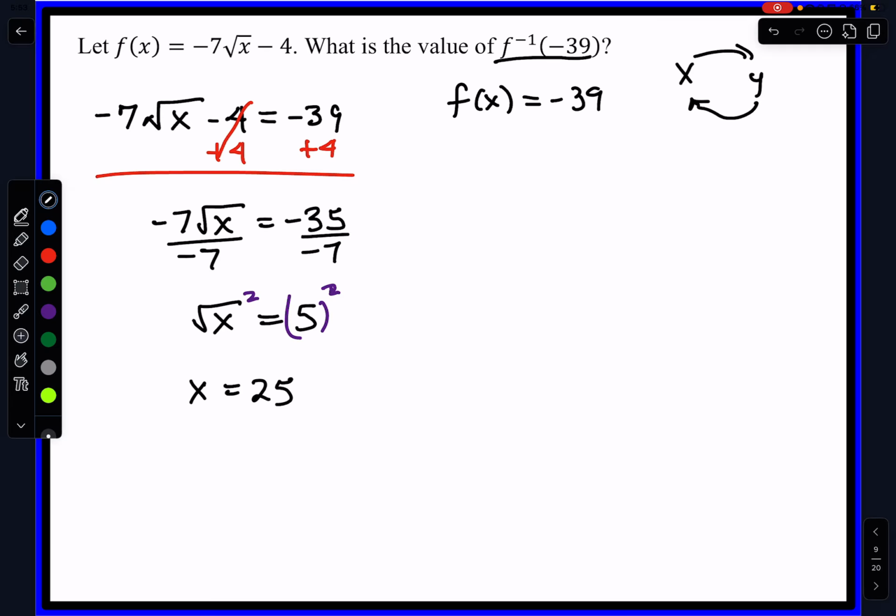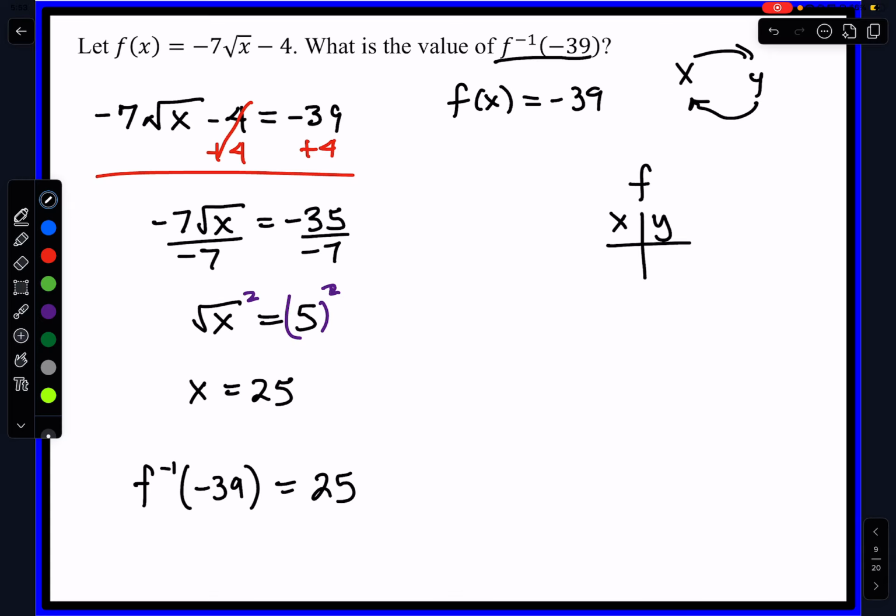Since that's a solution for x to this equation, that means that the inverse of f at the number negative 39 equals 25. So again, think about it like this. I have this function f, and the function f has x and y values.